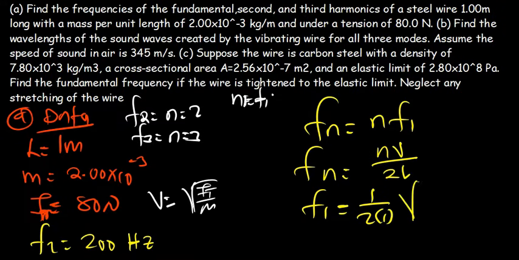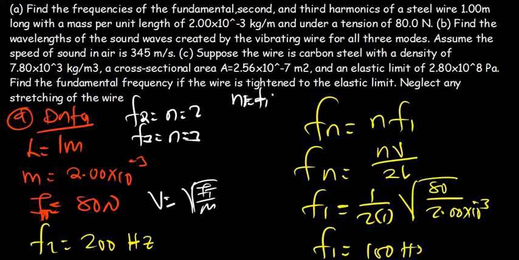The velocity is the square root of the tension force, which is 80, divided by 2.00 times 10 to the power negative 3, which is the linear density. So f1 will be equal to 200 times 0.5, since 1 over 2 is 0.5, so it's 100.